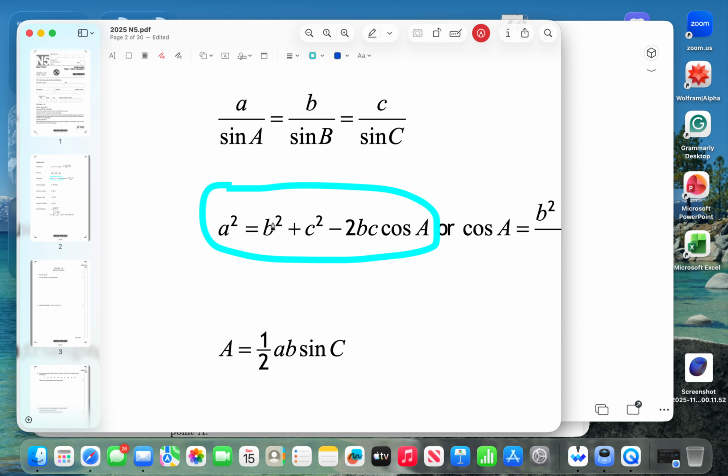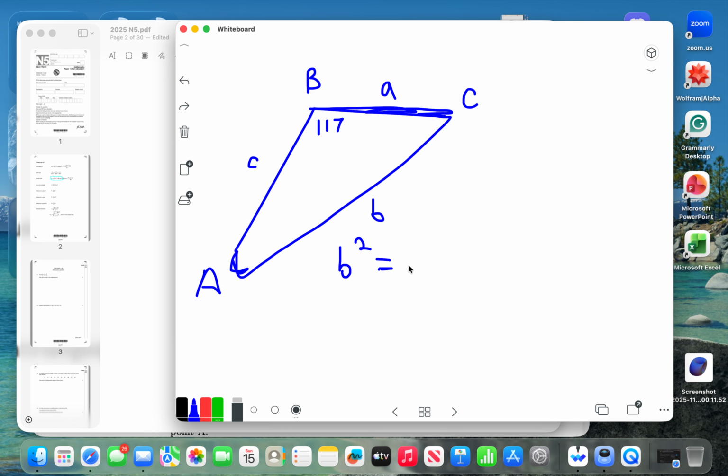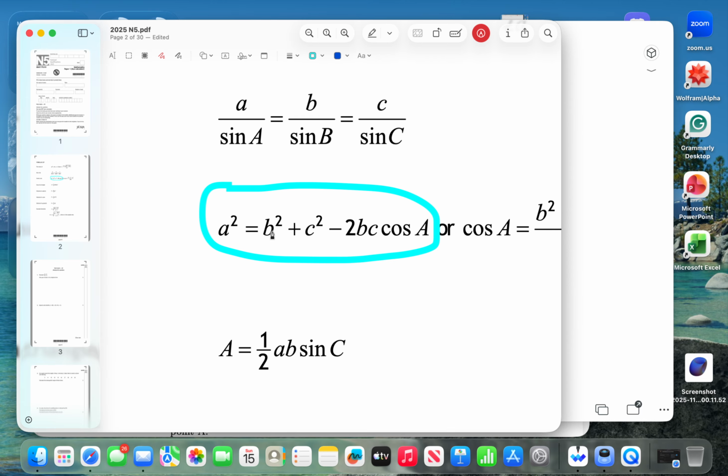We then want to change the other letters, the B and C, to A and C, because the two sides on the right hand side refer to the sides that you know. Because we know A and C, we write them instead of B and C, because the equation on the formula sheet assumes that you know B and C and you want to find A.